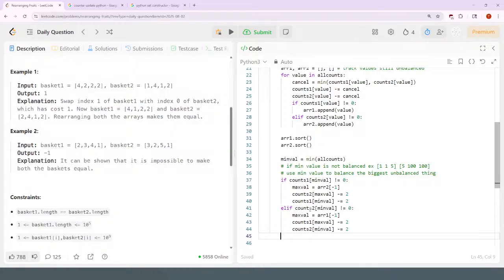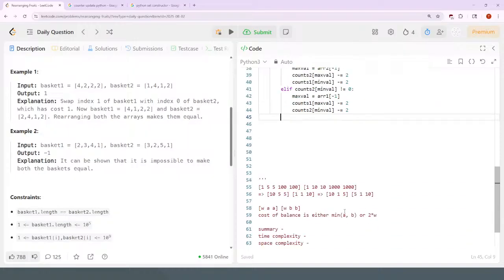So the min value is the min value of all the counts. So now I know what the balancing thing is, what this lowest possible cost to trade 2 times is.